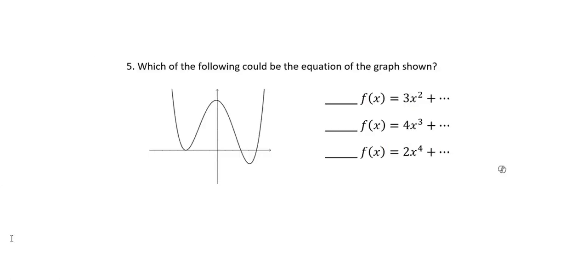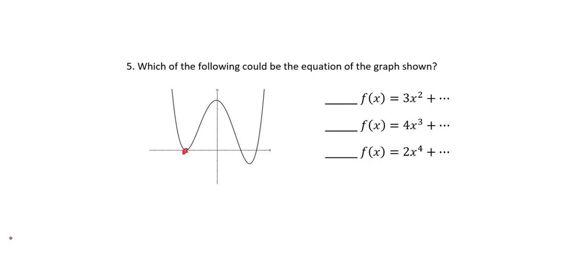Problem 5. Which of the following could be the equation of the graph shown? Now we've seen this exact problem before when we were talking about zeros and multiplicities, but I want to look at this equation in relation to turning points.